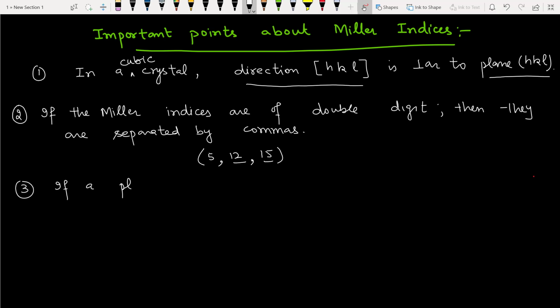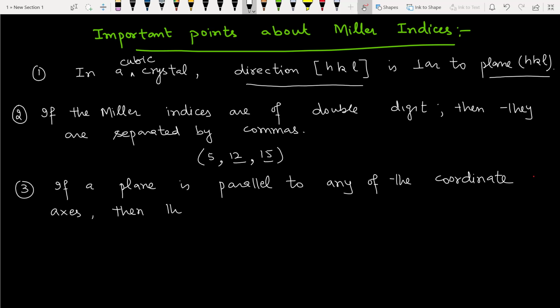If a plane is parallel to any of the coordinate axes, then the intercept of the plane is infinity, because as it is parallel, it will not cut the axis.